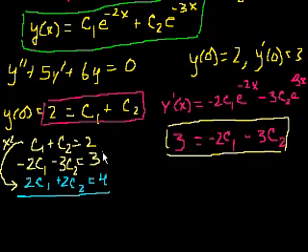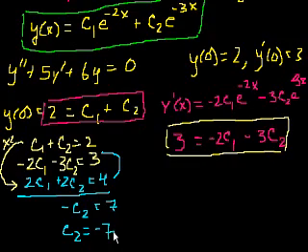And now we can add these two equations. Let's see, -2c1 plus 2c1, those cancel out. So -3 plus 2, you get -c2 is equal to 7. Or we could say that c2 is equal to -7. And now we can substitute back in here.